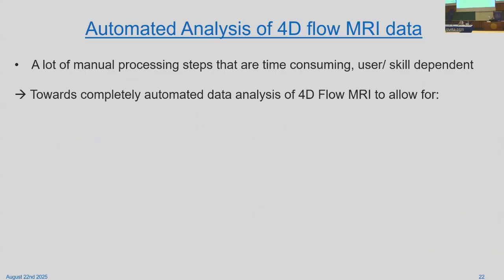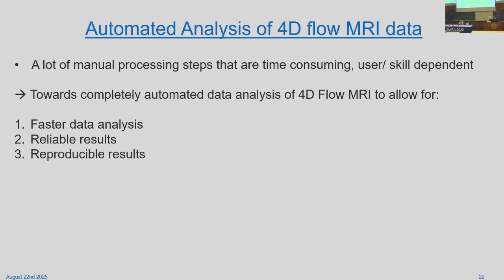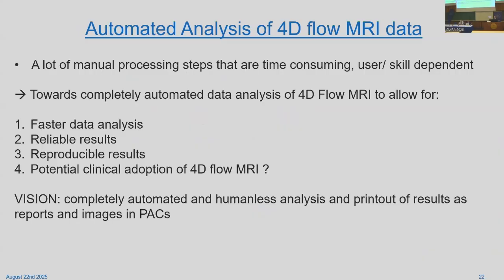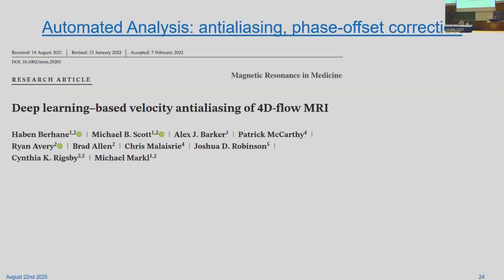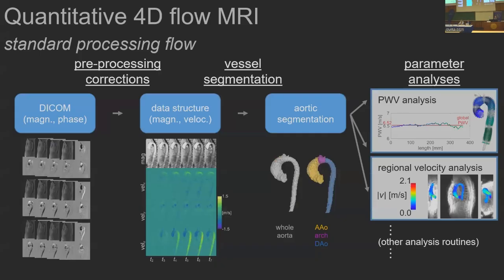Manual analysis of the data is a problem because it takes very long, but we want to be faster, reliable, and reproducible, and hopefully adopt everything into the clinic. So I won't go through this, but automation is the key.